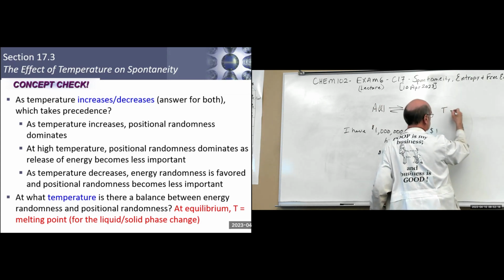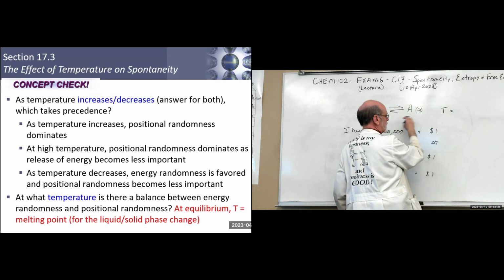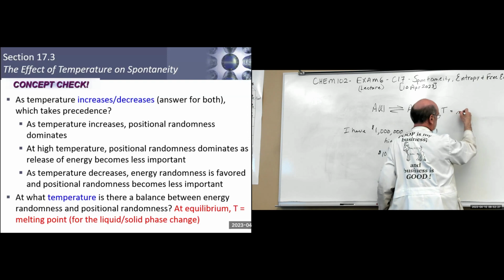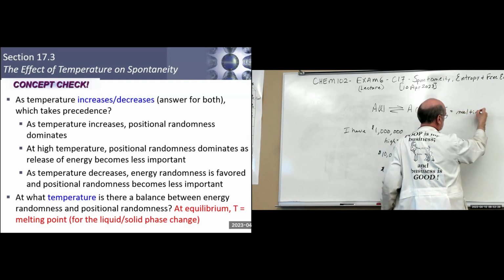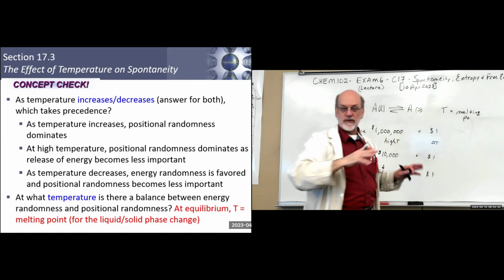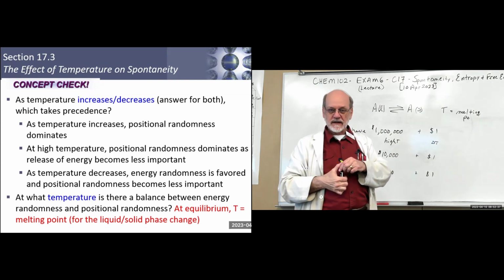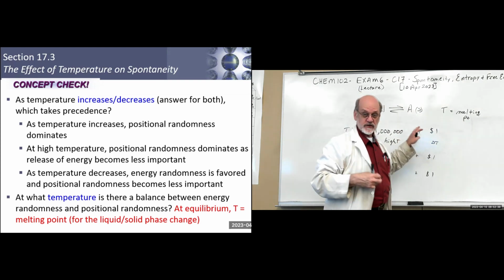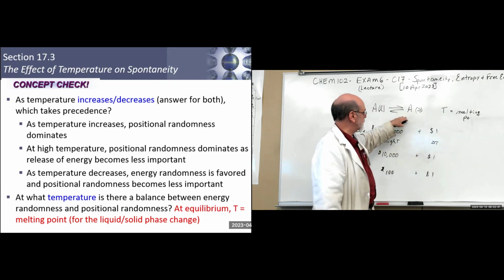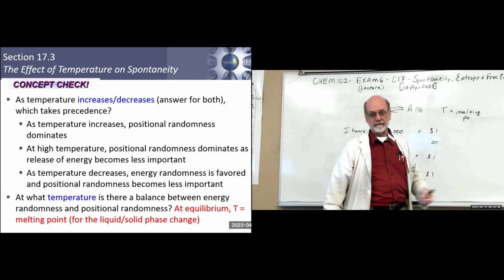So temperature equals the freezing point or melting point, either one. At the melting point, you've got both solid and liquid. And under those situations, we have a balance between energy and positional entropy.